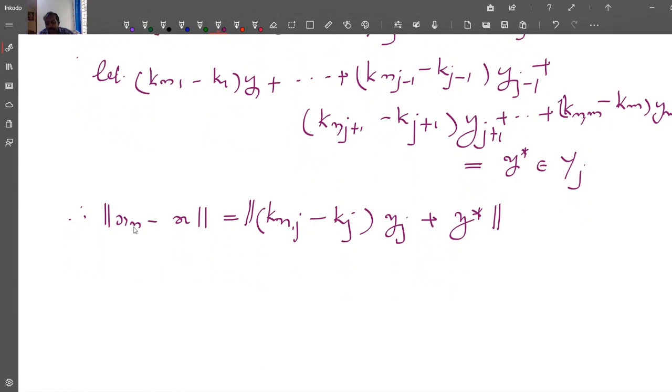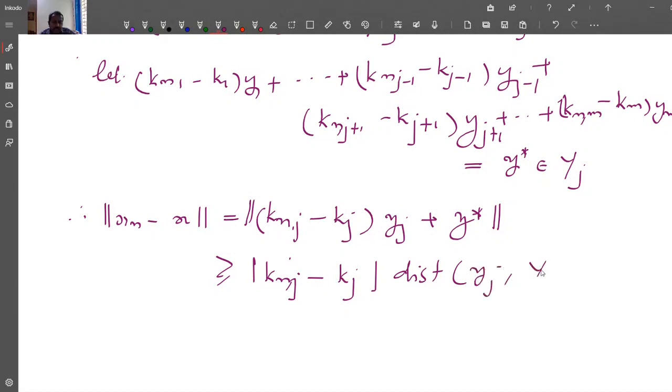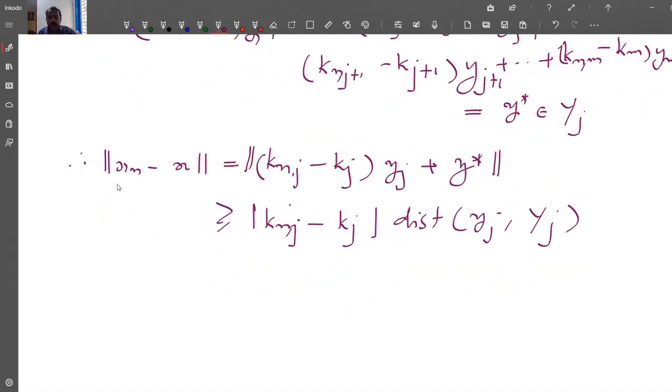And by part A, this is greater than or equal to modulus of knj minus kj times the distance between yj and capital Yj.